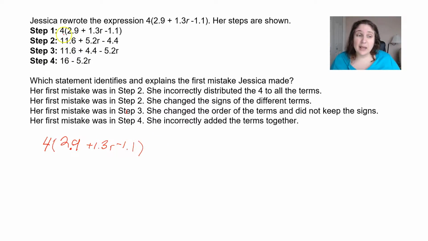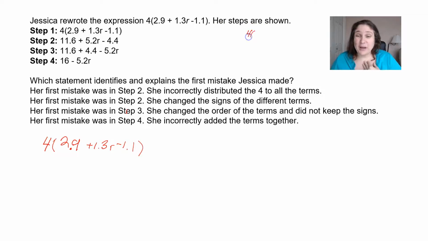Here, they see how the 4 is already gone, so that means they definitely distributed first. Some teachers would say, before you even bother multiplying the 4 times each one of these terms for the distributive property, you should just simplify the 2.9 and the 1.1.